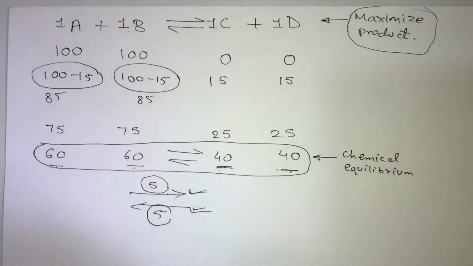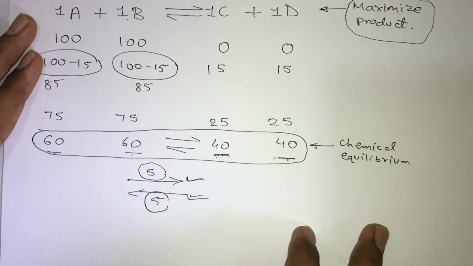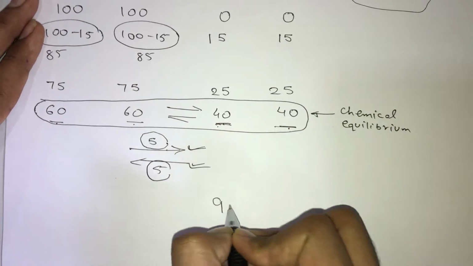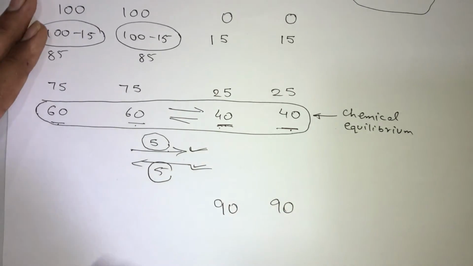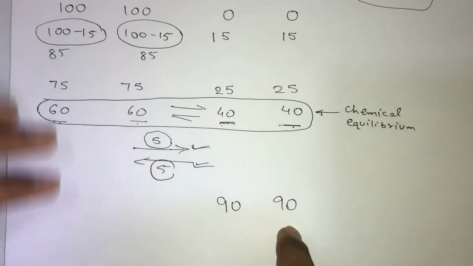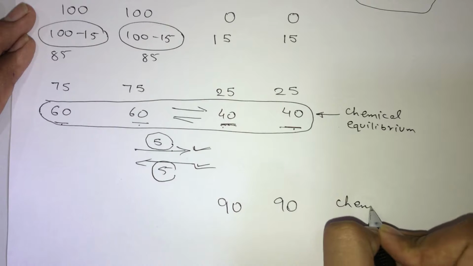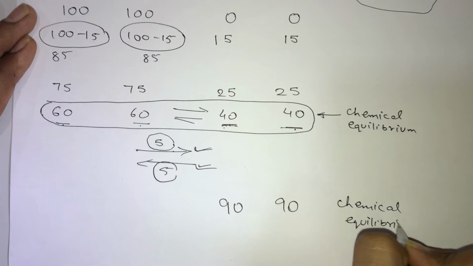Now as a manufacturer, what you will expect? You will expect the chemical equilibrium to take place when you have 90 moles of C and when you have 90 moles of D at least. So when you have 90 moles of products at least, at that moment you will expect the chemical equilibrium to take place.